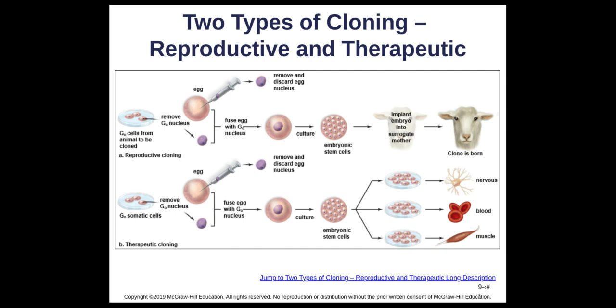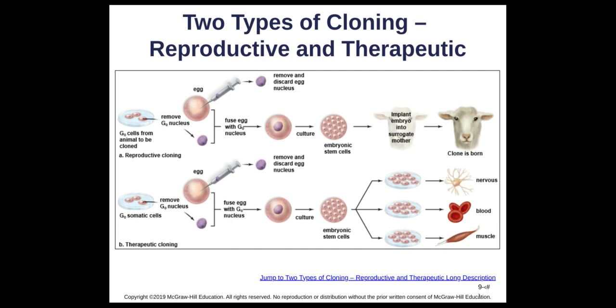We can take the nucleus out of those cells, fuse it with the nucleus of an egg, put it in the egg, and then now that's going to develop cells that you can then implant into a surrogate mother, and then a clone is born. So with Dolly the sheep, they took Dolly's cells, removed the nucleus, put it into an egg that then grew and became Dolly the sheep that was born as a clone.